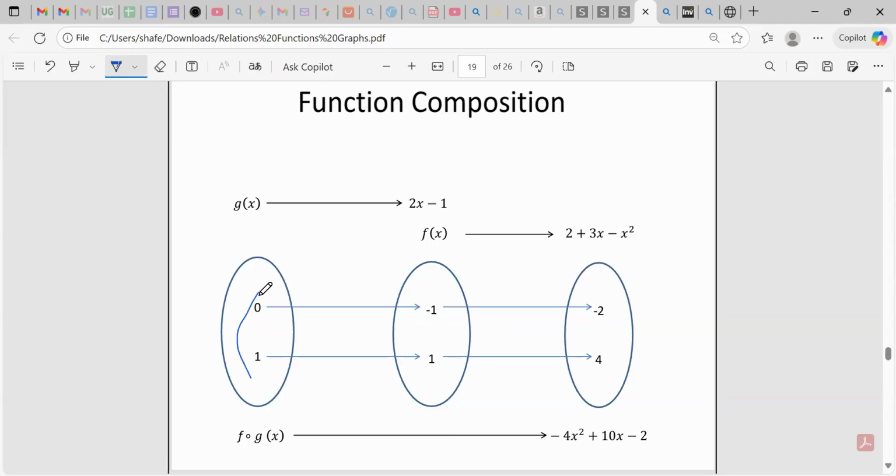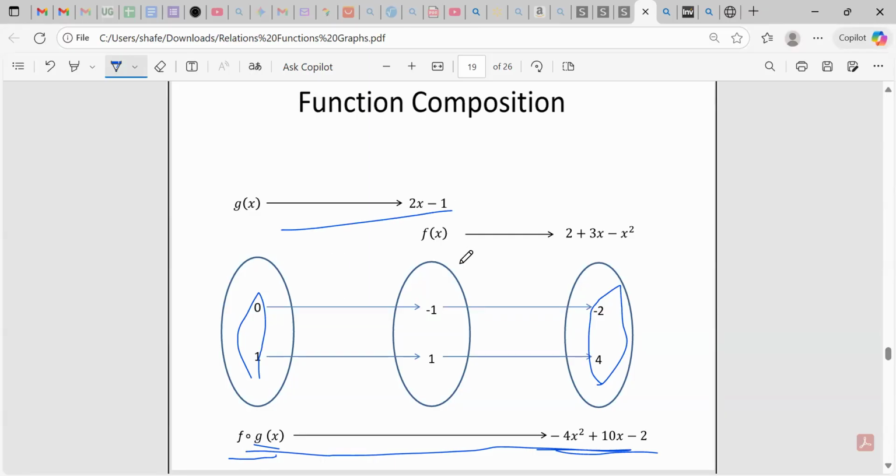However, if I take this input and put it in the composite of f and g, I will get this output. So this one function does the job of these two together. That's the whole idea of function composition.